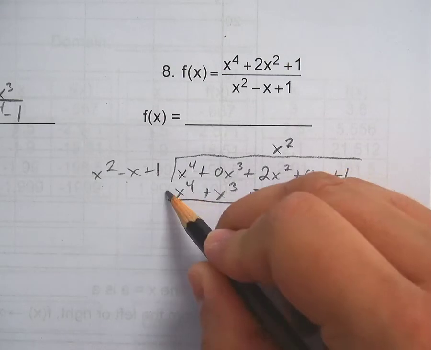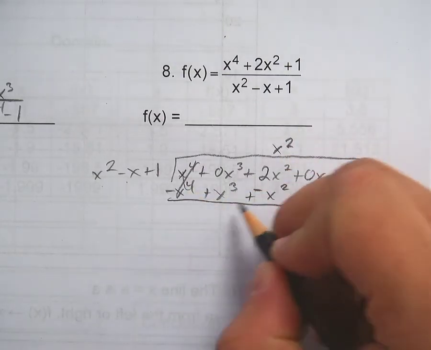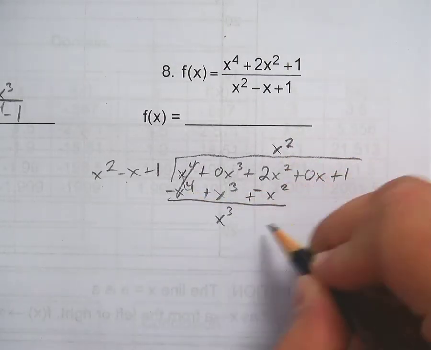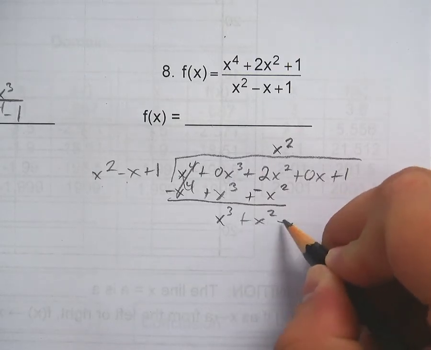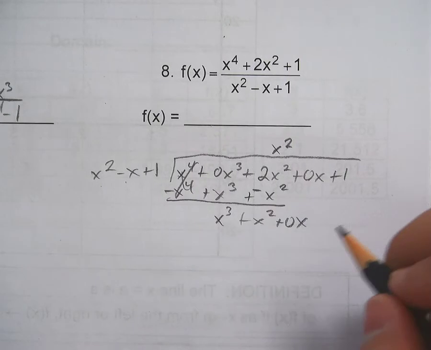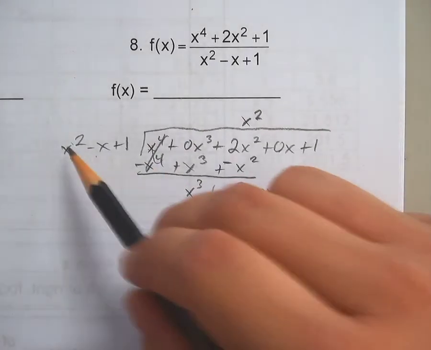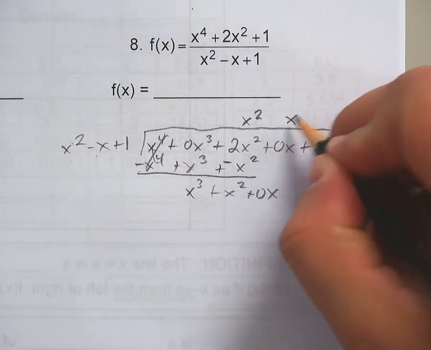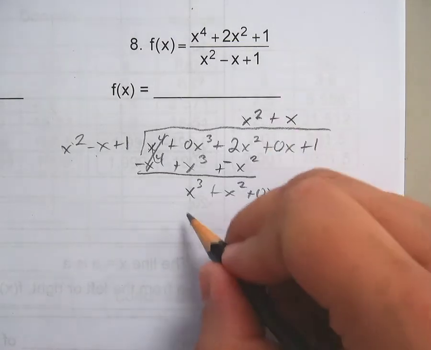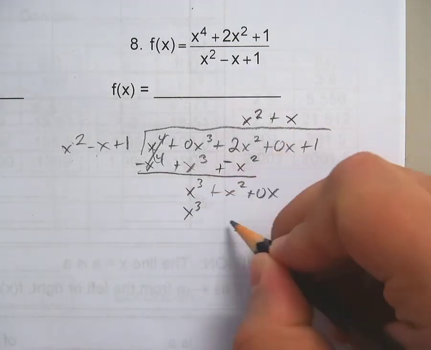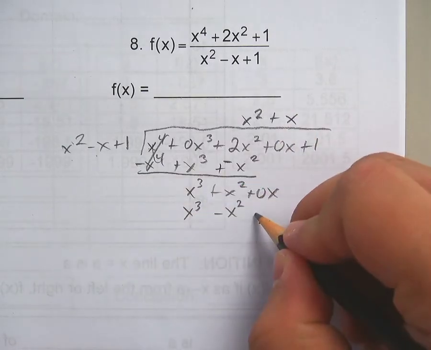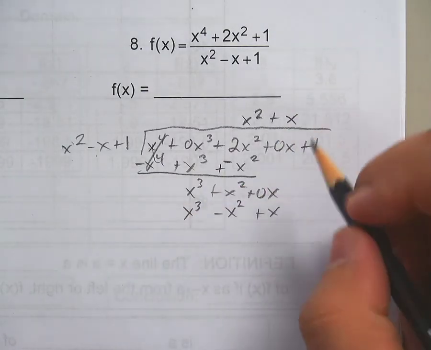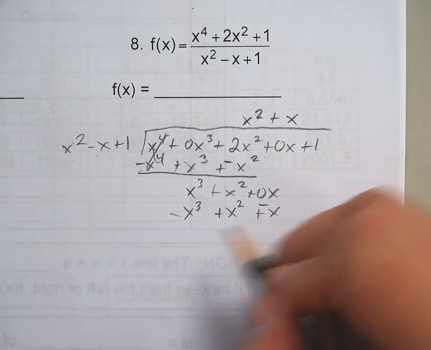Change your signs everywhere. Wave them like you just don't care. I've got x cubed plus x squared plus 0x. Bring down that 0x. x squared into x cubed, I'm missing a positive x. x cubed, negative x squared, and plus x. Change the signs everywhere.